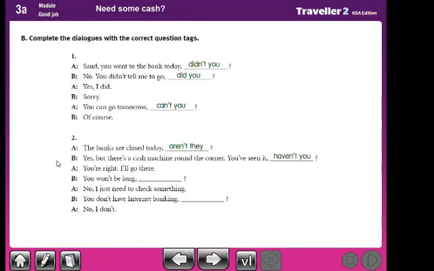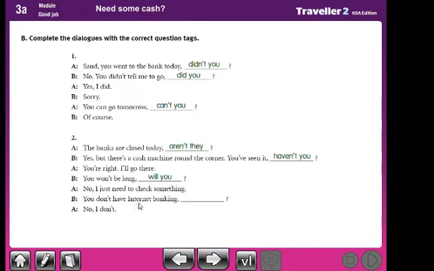I'll go there. You won't be long. Won't, or will not. Won't here is negative. Okay, make it affirmative. Will you? No, I just need to check something.